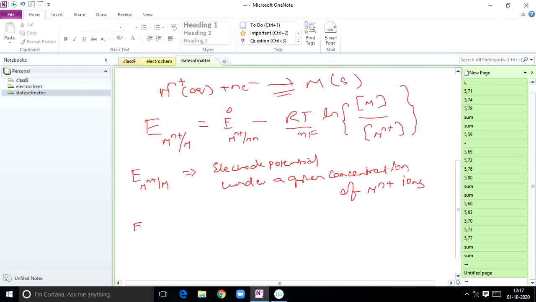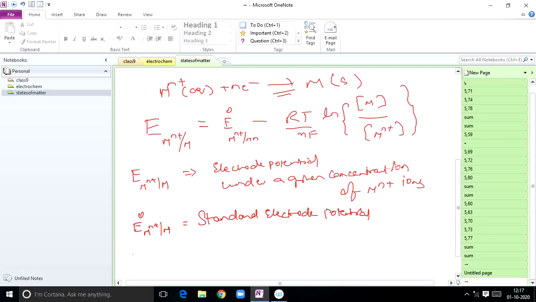and what about this E naught of Mn+ by M? This indicates standard electrode potential. What is standard electrode potential? The electrode potential measured under particular conditions: 298 Kelvin temperature, 1 molar concentration of an electrolyte and 1 atmospheric pressure.